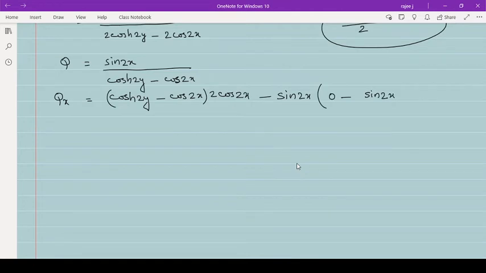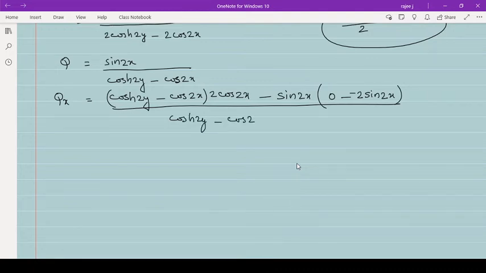So this will become minus 2 sin 2x, divided by the denominator square, (cosh 2y − cos 2x)².